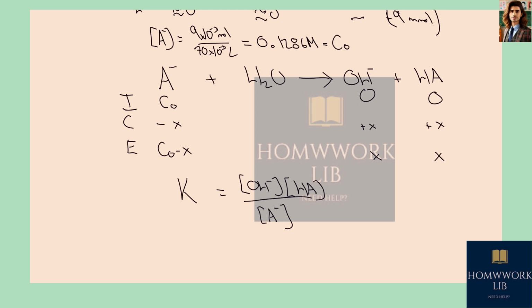But this is not the reaction for Ka. This is the reaction for Kb. So replacing the values at equilibrium, we get X times X divided by C0 minus X, which is X squared divided by C0 minus X.